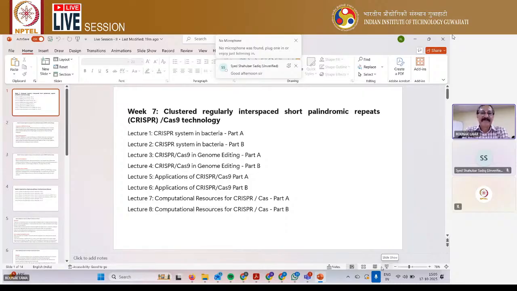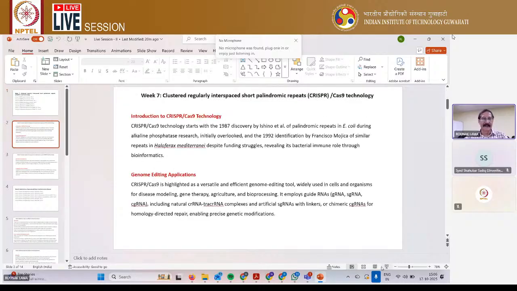Here we try to learn about the CRISPR-Cas9 technology and try to understand the CRISPR system in bacteria and how we use this CRISPR-Cas9 for genome editing. We also try to find out various applications of this technology and had a brief discussion on the various computational resources for CRISPR-Cas9. So those who have already attended the lectures now know what CRISPR-Cas9 technology is.